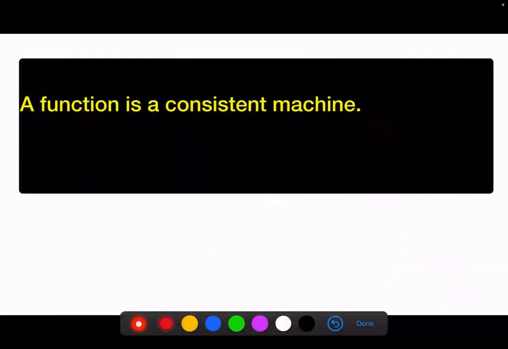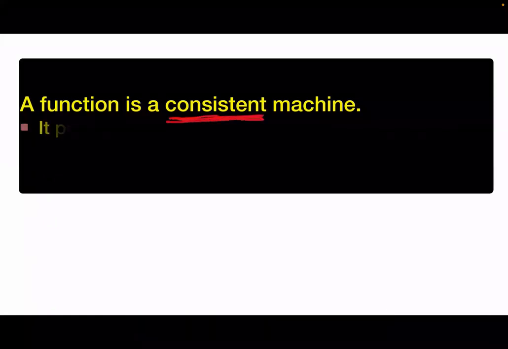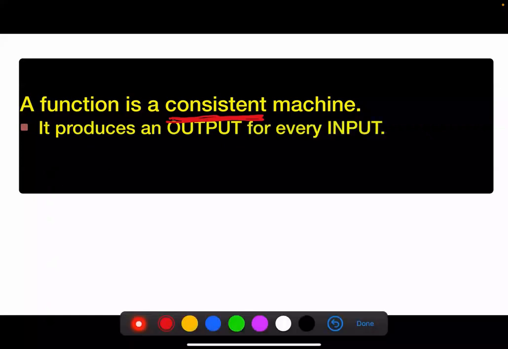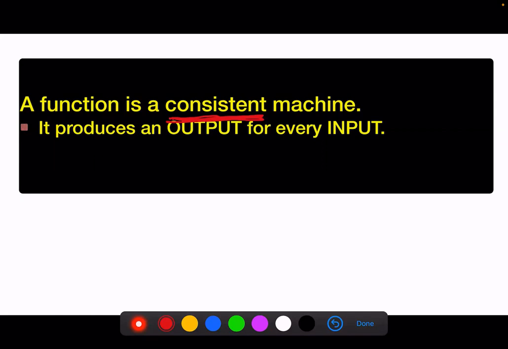Okay. Now ये एक machine. It's a very consistent machine है. Okay. So अब ये भी समझना पड़ेगा आपको. This is a consistent machine. So कैसा? It produces an output for every input. आपको जो source set है, every element is associated.